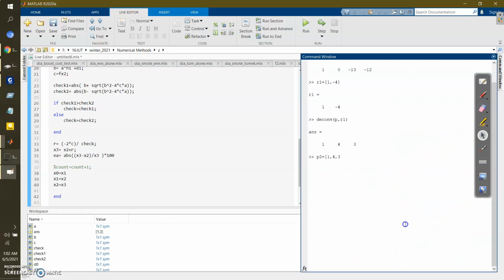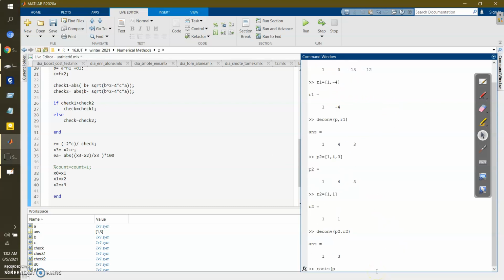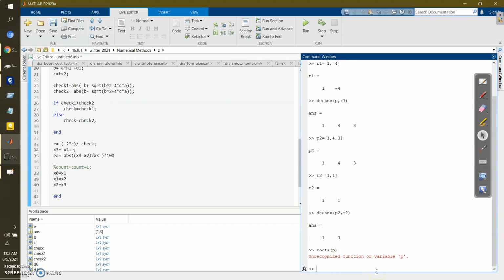Now, one other thing you can check: the function roots is a built-in function in MATLAB. Our original polynomial was p, right? I think I have removed p, so let's just name it as 1, 0, minus 13, minus 12.